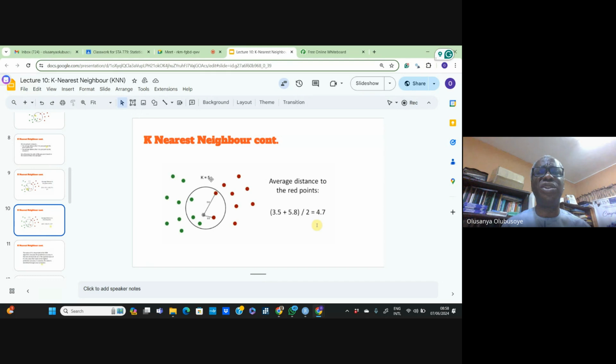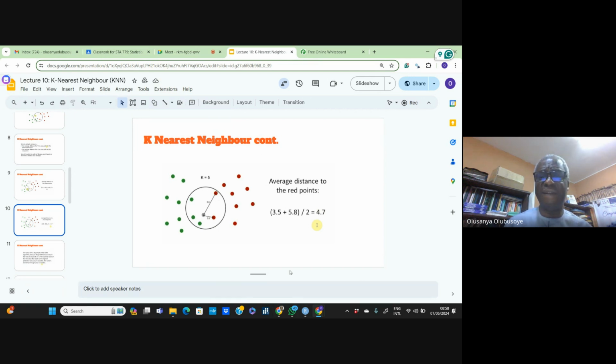How then do we know the optimum? For each K we choose, we need to quickly do the cross-validation to see whether the classification is optimal or not.